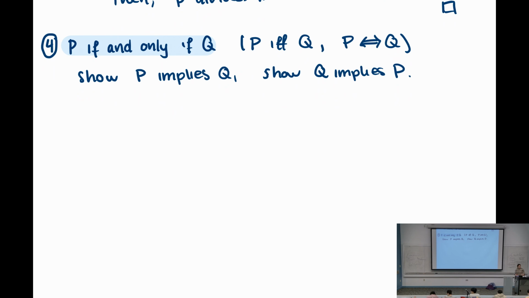Okay, so this isn't a type of statement, but rather a different proof method. This is proof by contradiction.